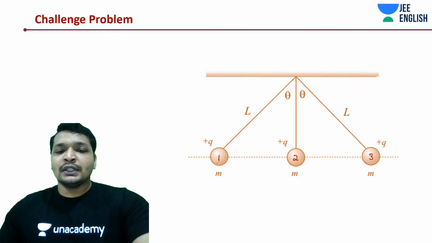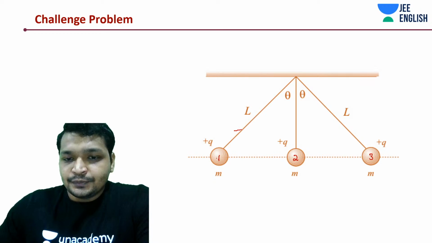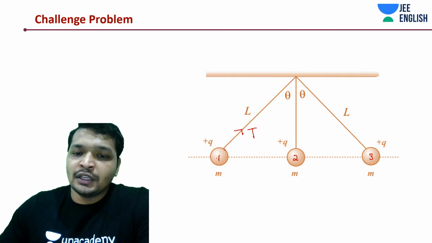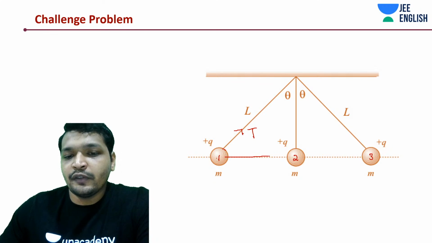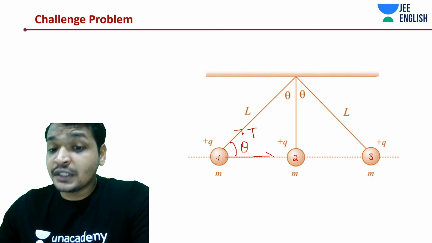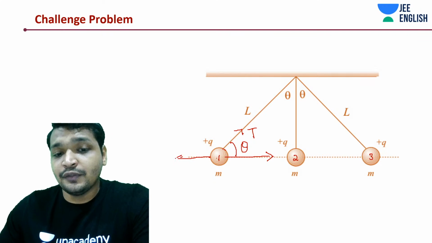Now there would be some tension force, and you will resolve the components as usual in any of the tension problems. So this can be resolved into two components. One is a horizontal component, which is going to balance the net electrostatic force.